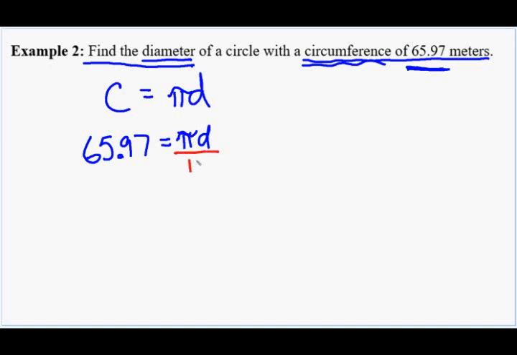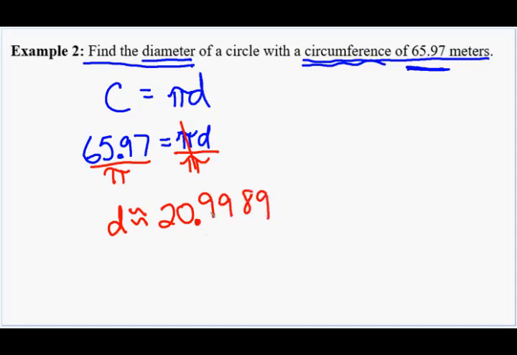We're going to divide both sides by pi. So here the pi cancels, and our diameter is approximately, if we do 65.97 divided by pi, we should get 20.9989. That's pretty good. Let's round that up to 21. Diameter is about 21 meters. Got to have our units on there.